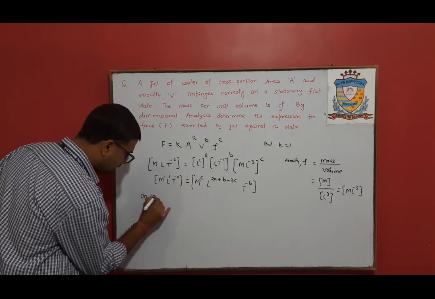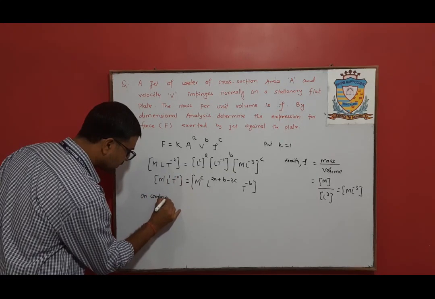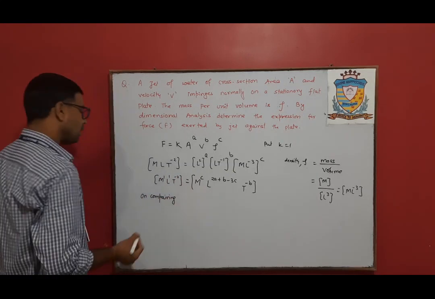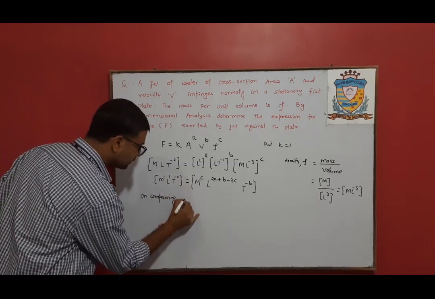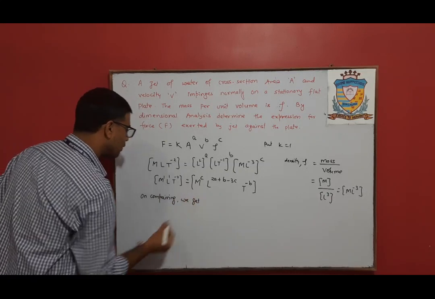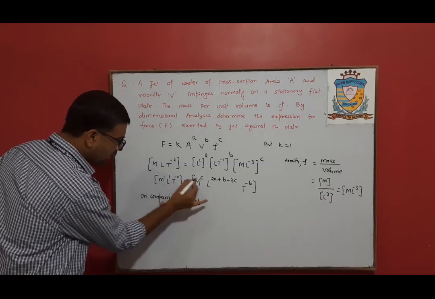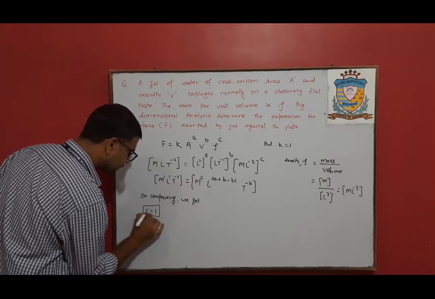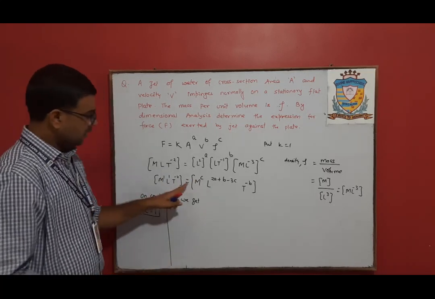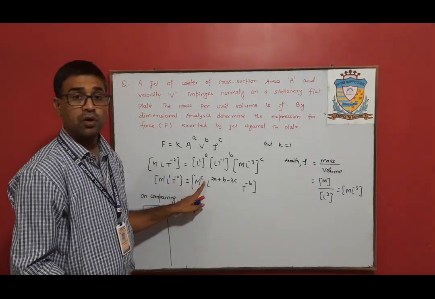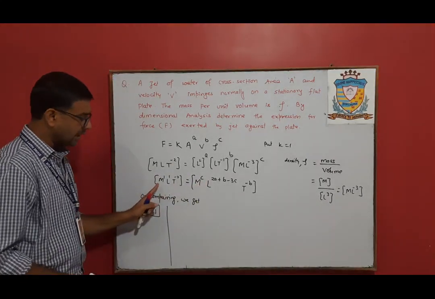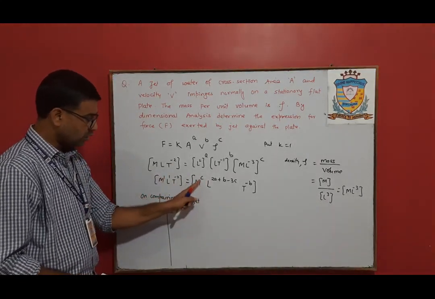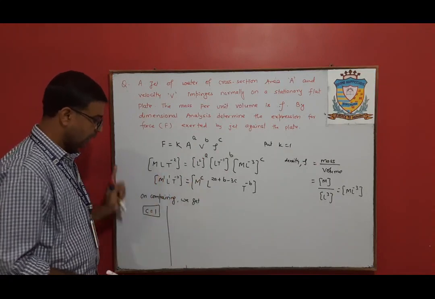So on comparing, M has a dimension of c on the RHS and a dimension of 1 on the LHS, so c is equal to 1.